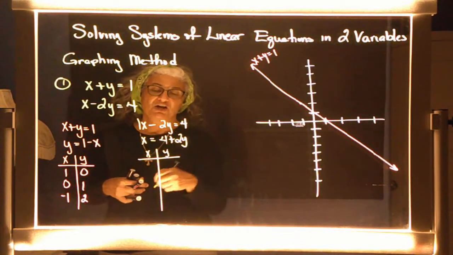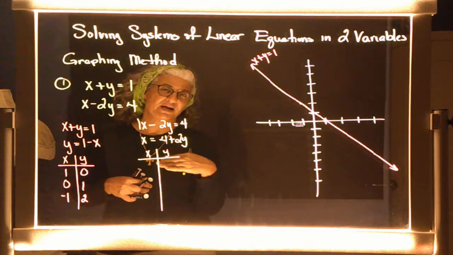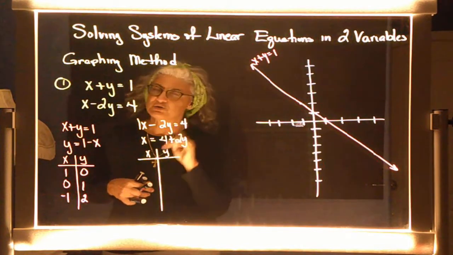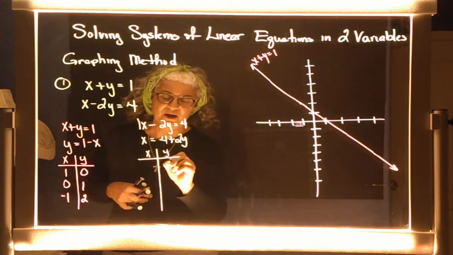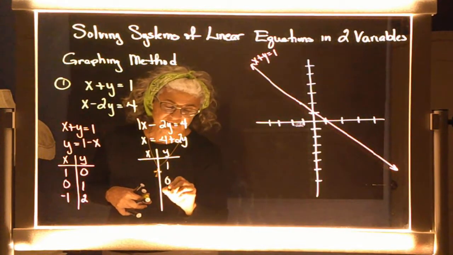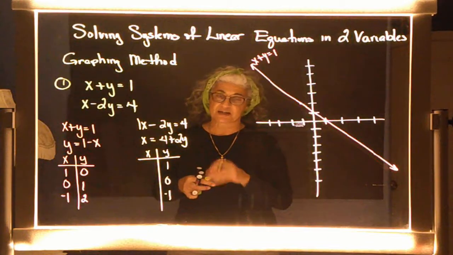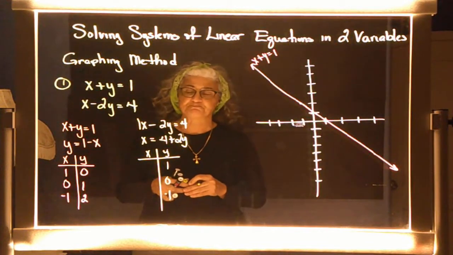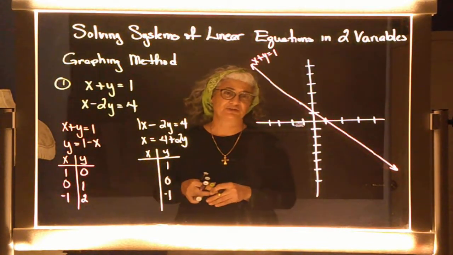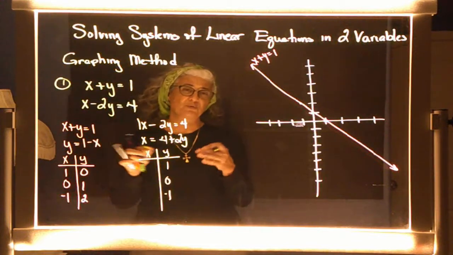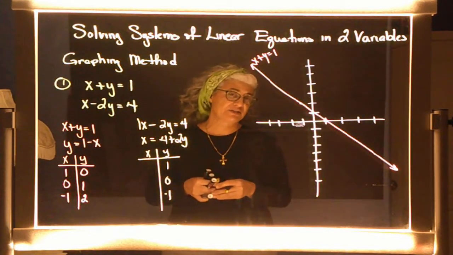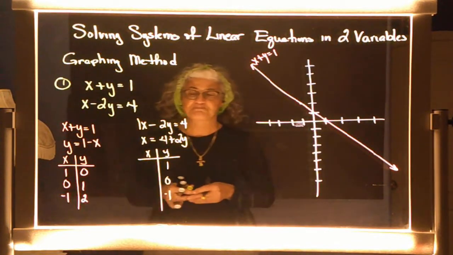Cool? Some of you who were taught to graph prior to me were taught very well. You always get the y by itself, and that's fine. Get the y by itself and graph it using the slope y-intercept. Totally fine, this is just how I choose to do it. I'm going to get either the x or the y by itself, whichever one's going to be easier to do, and then plug in numbers.